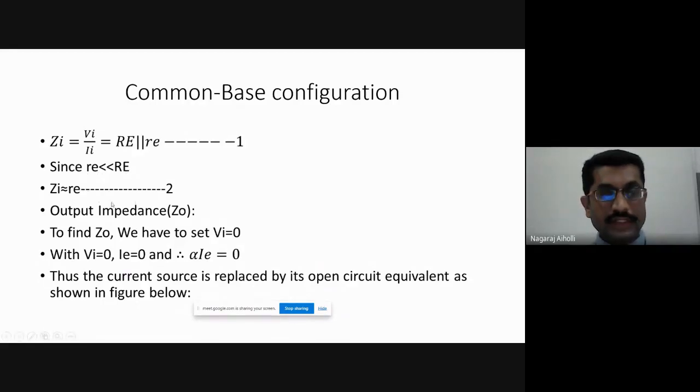This is the input impedance Zi. It is equal to small re for the common base configuration. Remember this main formula, Zi is given by RE parallel re. How are we getting this formula? From the re model. Therefore, we have to draw the re model and then derive the performance parameters. Next is the output impedance.